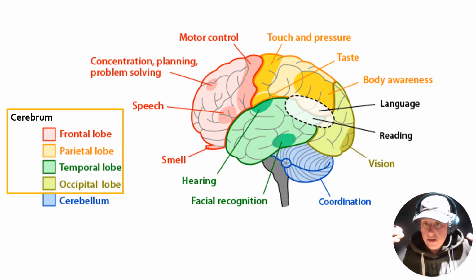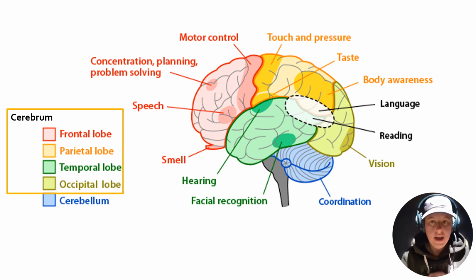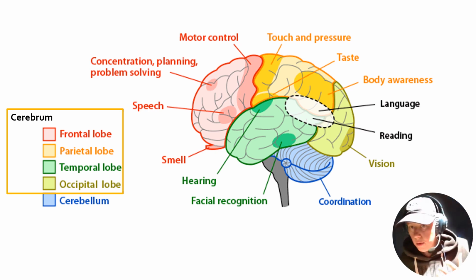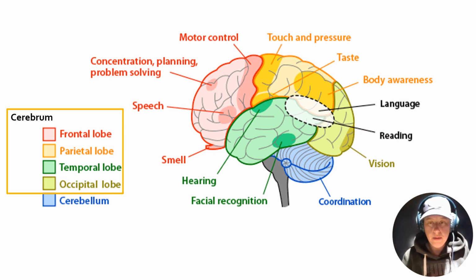Again, this was a very quick overview of the parts of the brain, and there's lots more information on certain other websites and other videos, which I can highly suggest to you. But again, for what we need to know in this class, this is pretty much the overview that we need to know.